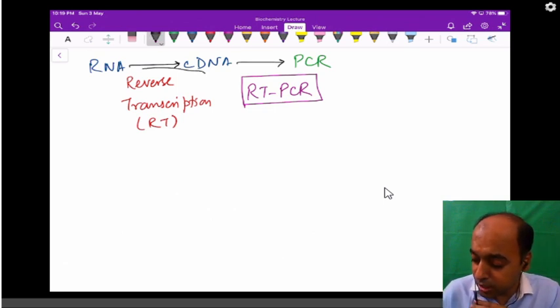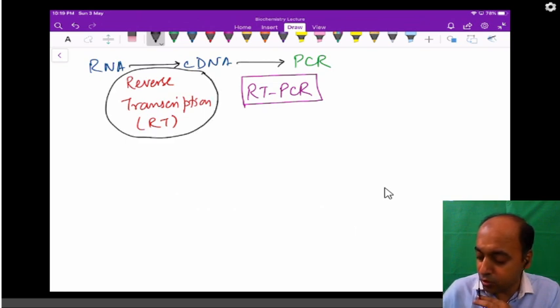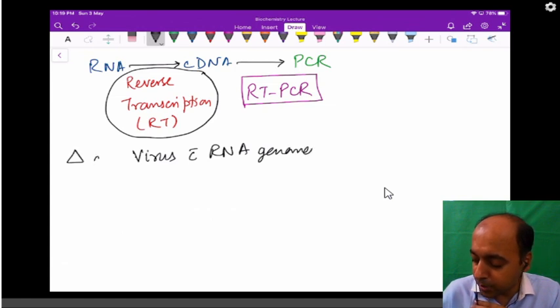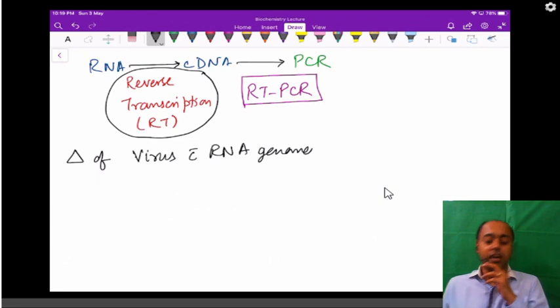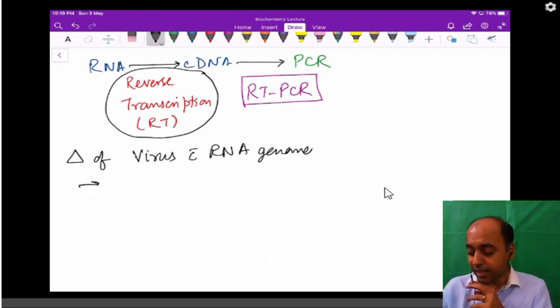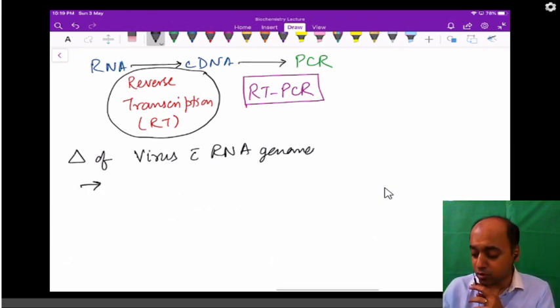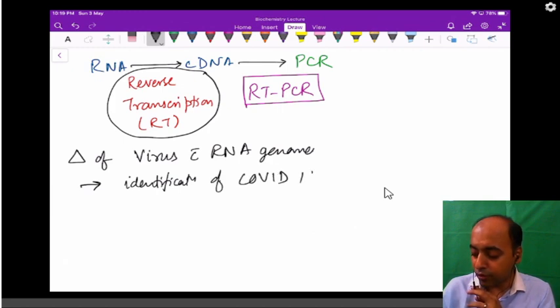The reverse transcription PCR will be used for viruses with RNA genome. It is used for making the diagnosis of viruses with RNA genome, and it is very likely to land up in your exam. It is being used for identification of COVID-19 infection.